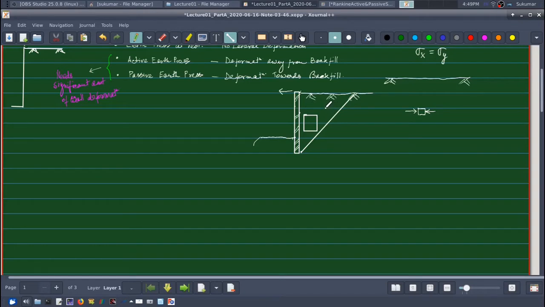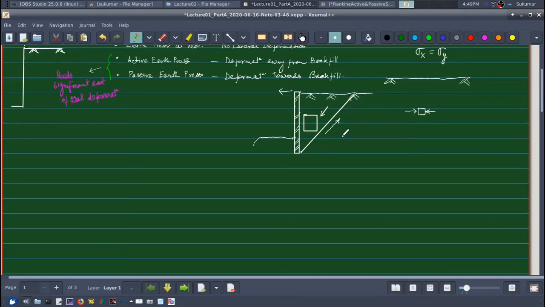So the sliding mass of the backfill will be moving downward, and the shearing resistance of the soil will act upward, just to oppose it.